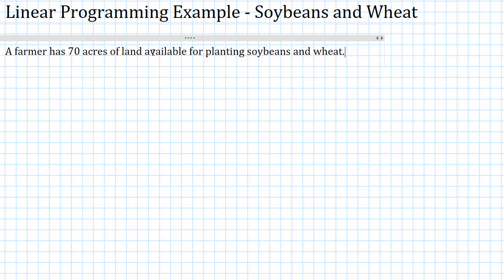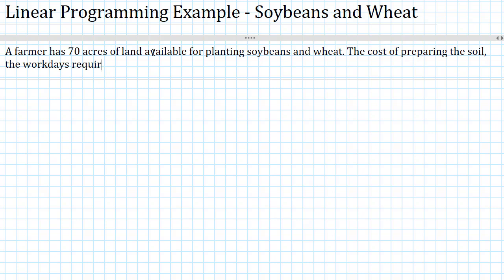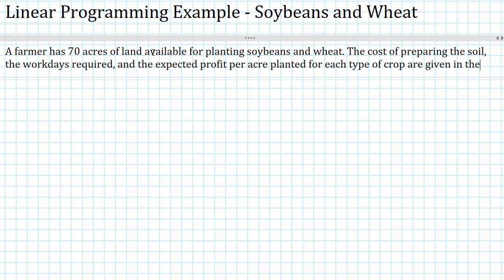There's only so much land we can use, so that'll come into play later. The cost of preparing the soil, the workdays required, and the expected profit per acre planted for each type of crop are given in the following table.